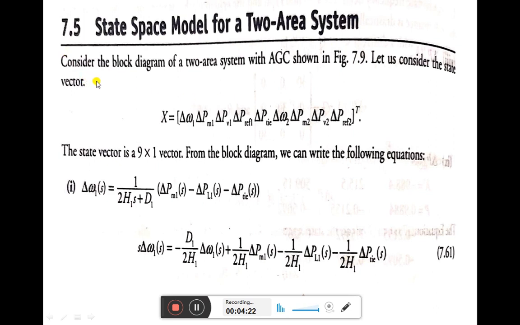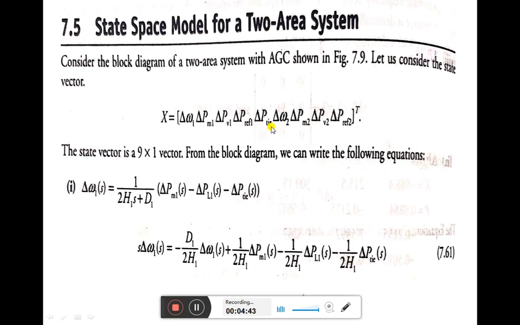For this state space model, we are going to consider the block diagram which we just now discussed in the previous slide. Okay, and we will be writing the state vector here as x. So this state vector x consists of a total of 9 variables.